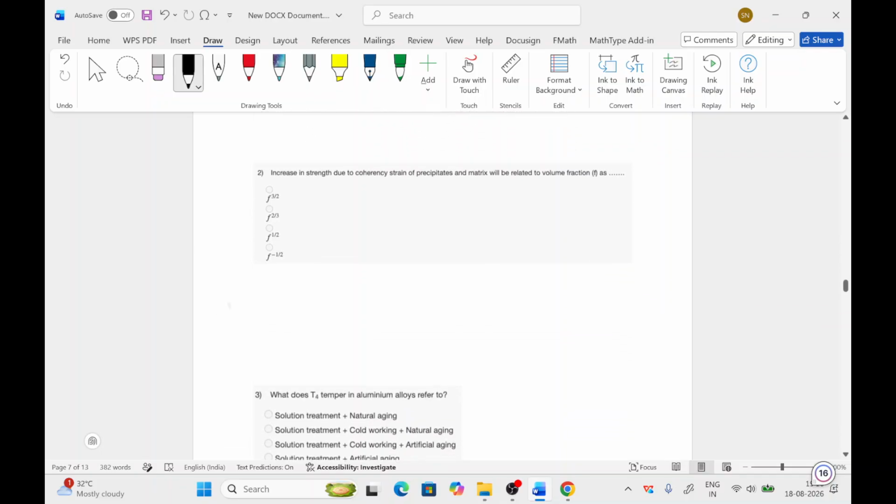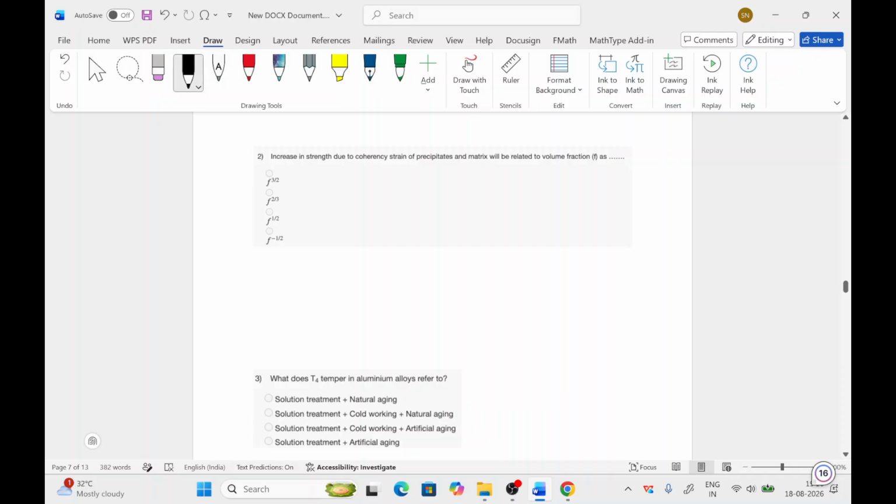Next is the second question: increase in strength due to coherency strain of precipitates and matrix will be related to volume fraction as.